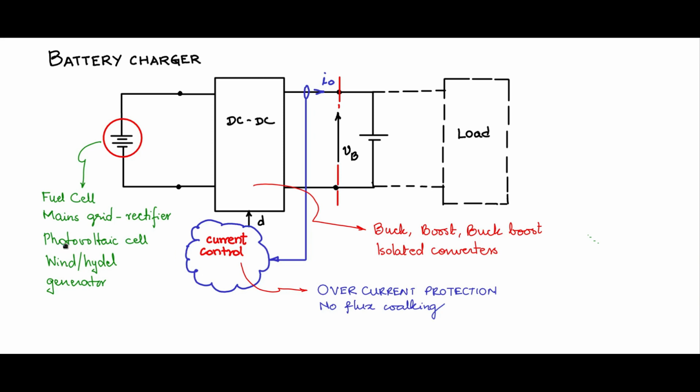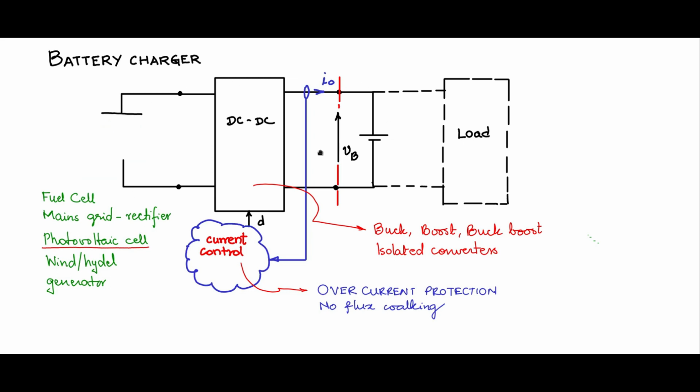So let me consider a photovoltaic cell as the source, because it is a very popular source now. Rooftop solar PV cells are becoming more and more popular, and many applications related to photovoltaic cells are involved in charging the batteries.